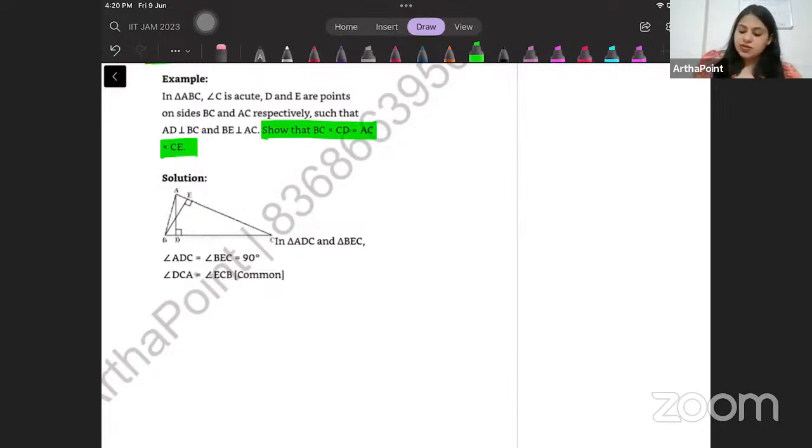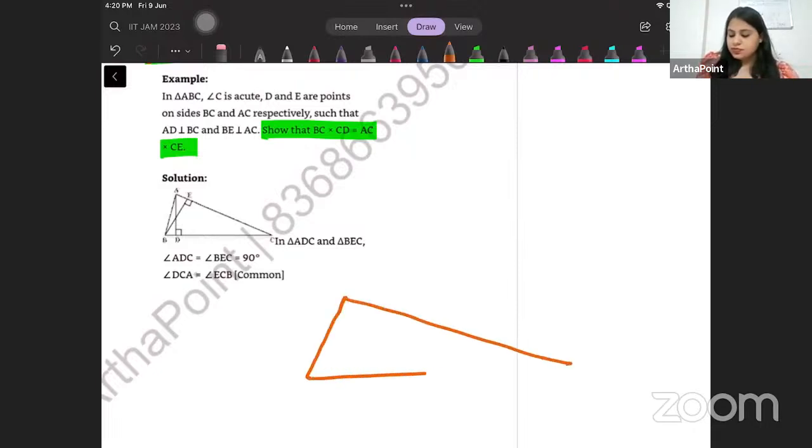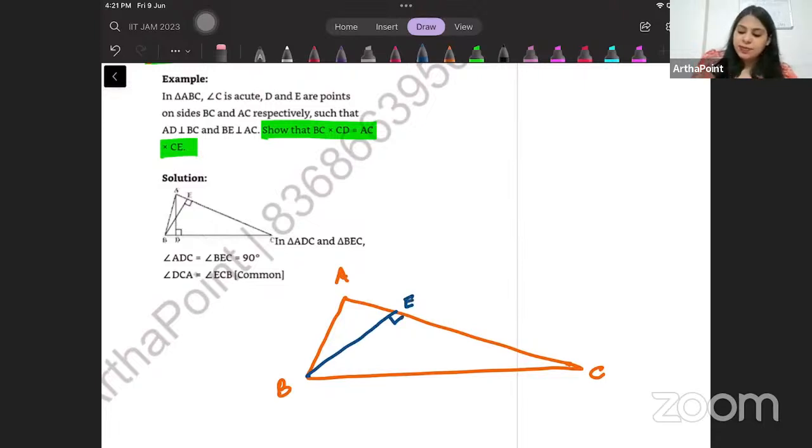Beta, look at this once, you're given this triangle A, B, C. It is drawing a line perpendicular from B to E. It is drawing a line perpendicular from A to D. Right?